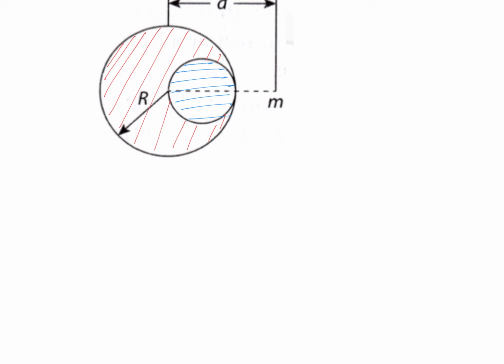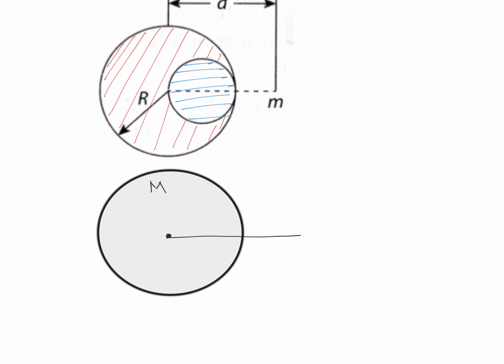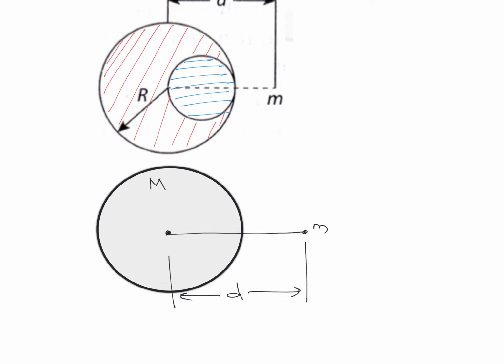If it is the entire solid sphere without removing any part, and its mass is m, we can assume its total mass is concentrated at the center, and consider a particle of mass m at a distance d from the center of this solid sphere.